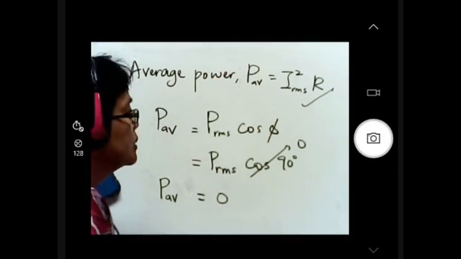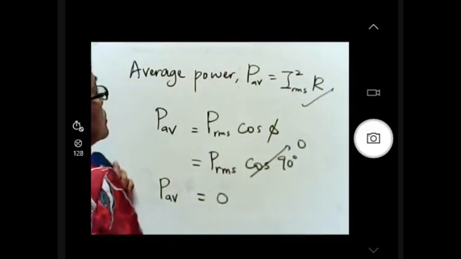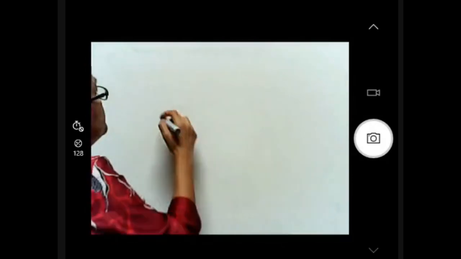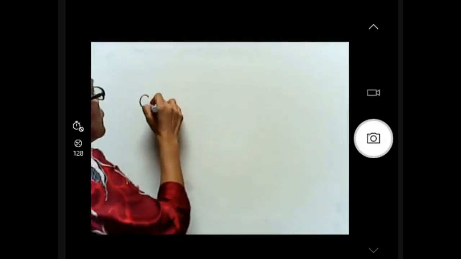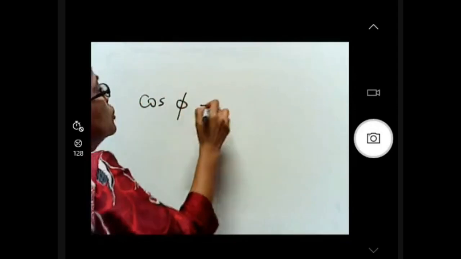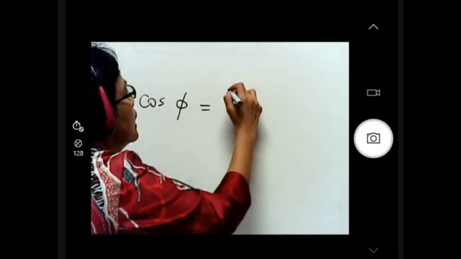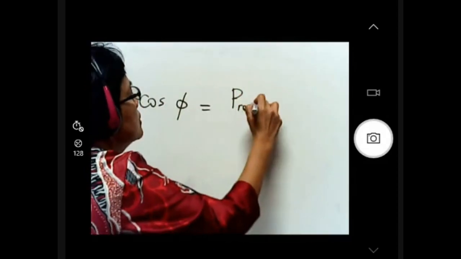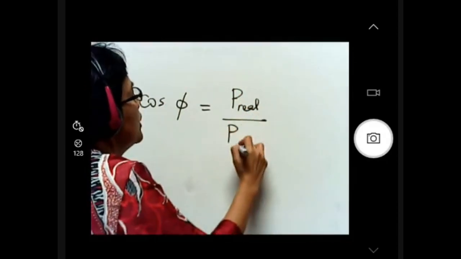Okay? These are the concepts. Alright, so I can write average power, or cos phi, is also equal to P real divided by P apparent.